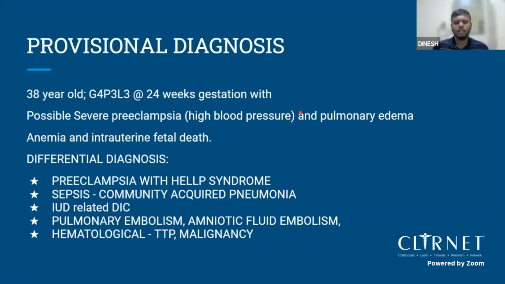My differential diagnosis at this point: since the patient had fever with breathing difficulty, I had to keep in mind sepsis, sepsis-related community-acquired pneumonia, and the patient had an intrauterine fetal death.